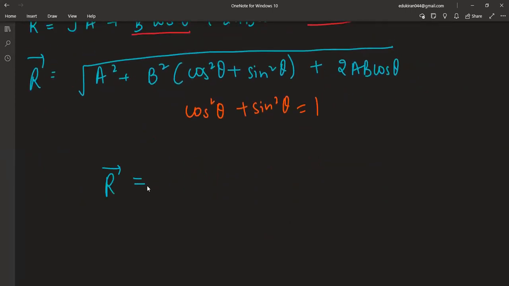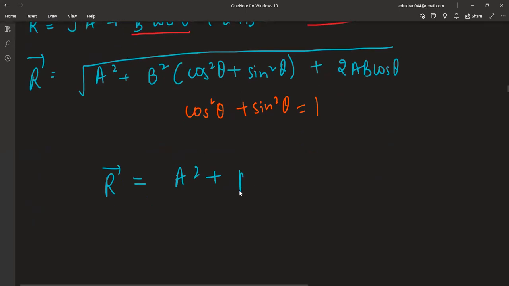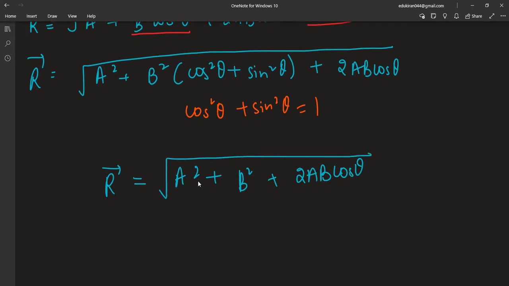This is exactly the formula which we were searching for. Resultant's magnitude. This is just the magnitude, not the direction, class. Magnitude is given by under root of magnitude of A square plus magnitude of B square plus 2AB cos theta.